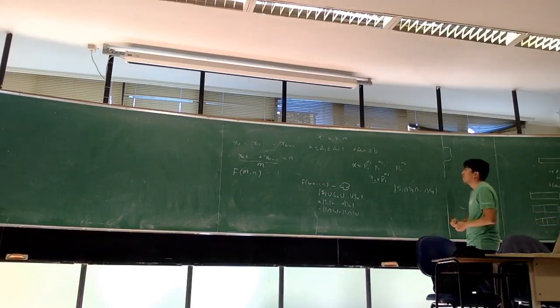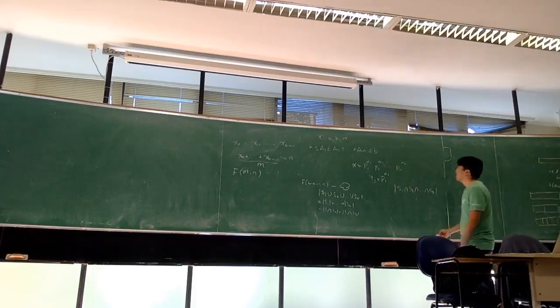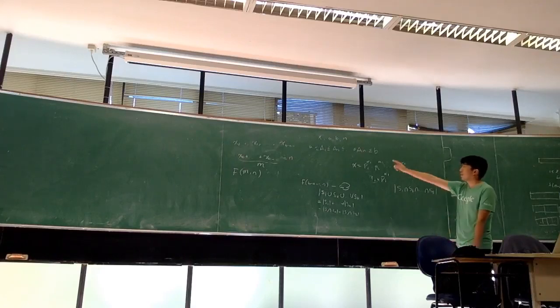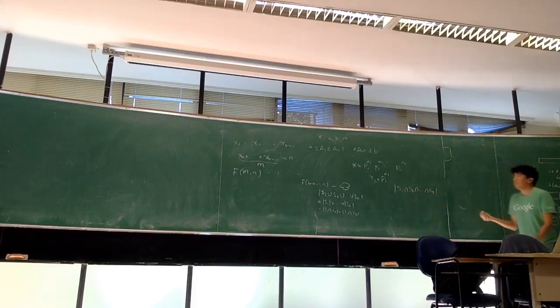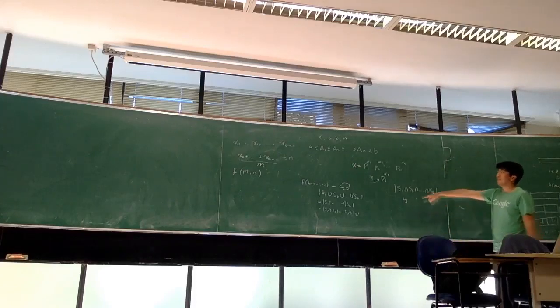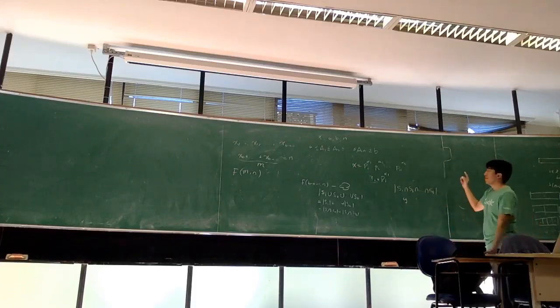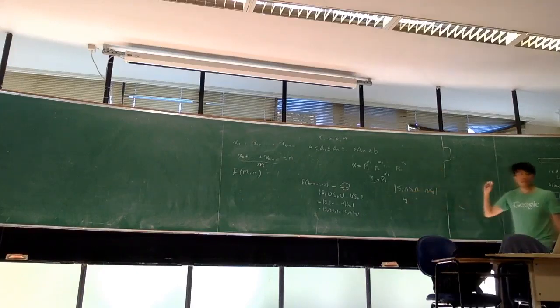So how many times does this happen? If I know how many elements between A and B are not divisible by any of these, let's call this value Y. So suppose Y is the number of elements between A and B that are not divisible by Q1, Q2, or QL.